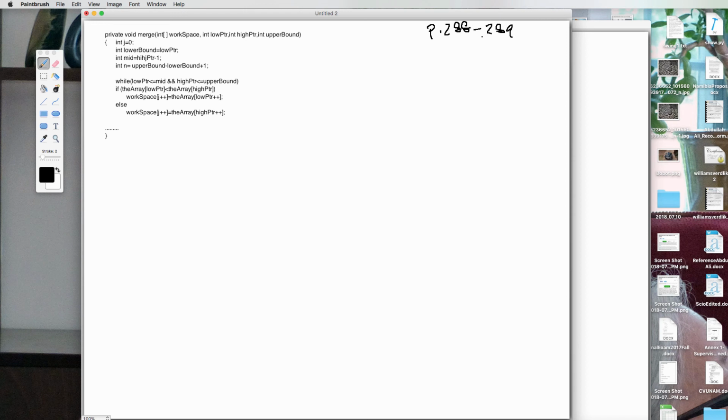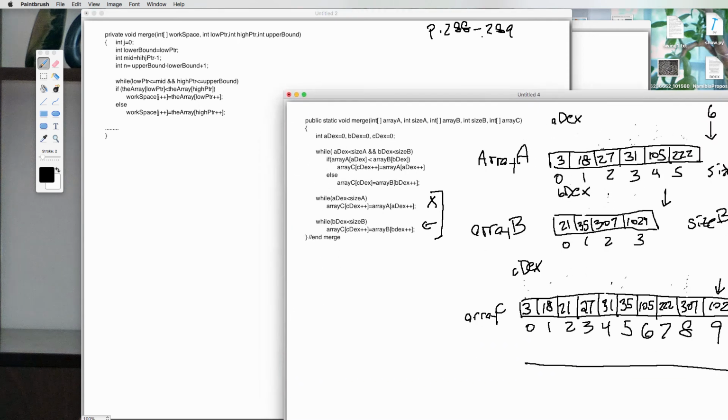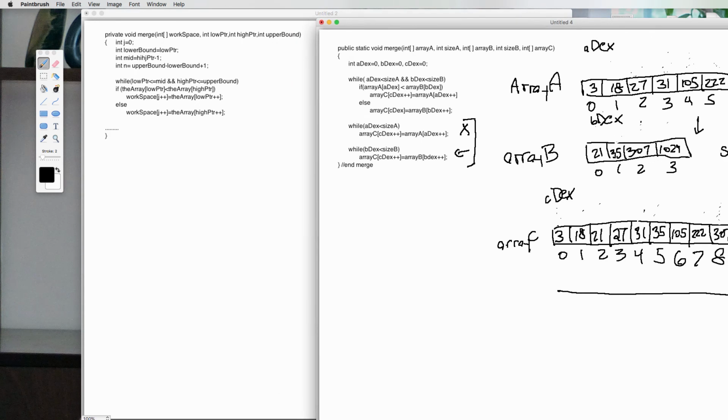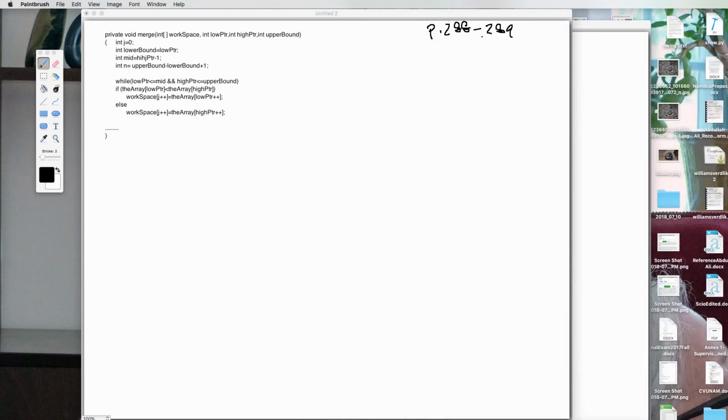And what I want to do, let me see if I can find it. Yeah, here's the old merge that we've already discussed. And yeah, they kind of look the same. They kind of look different, okay?